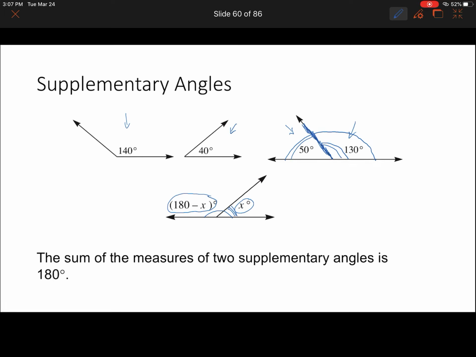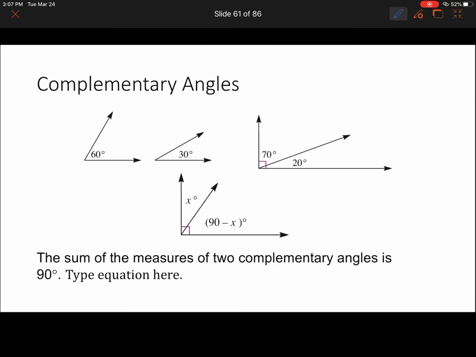And so it gives us 180 minus X for the other measurement. Now, I know not having numbers in that may make that a little more difficult to understand, but again, it's one of those things you've got to let your mind kind of get wrapped around this idea of angle measurements and using X as the angle measurement. Okay, so just kind of be aware of that as we move forward.